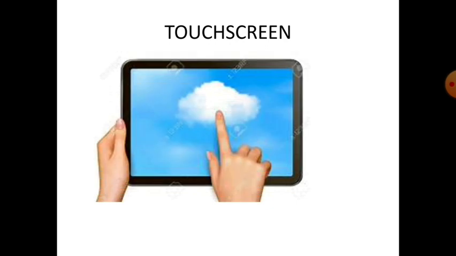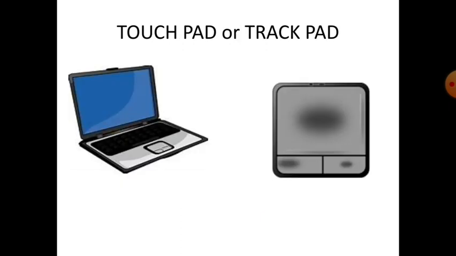Next is the touch screen. A touch screen is a special type of computer screen which can sense the touch of a finger. You can also use a gloved hand, stylus or other pointing device. This technology is generally used in ATMs, mobiles, tablets, etc. Next is the touchpad or trackpad.